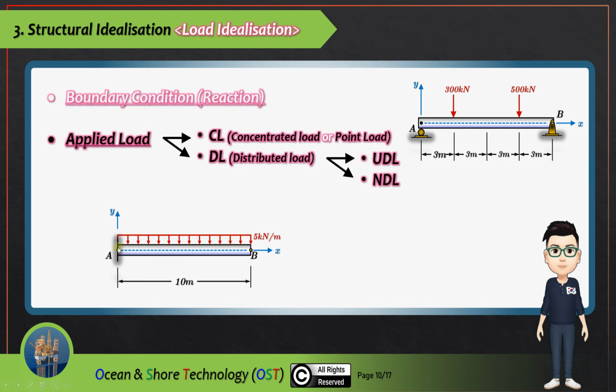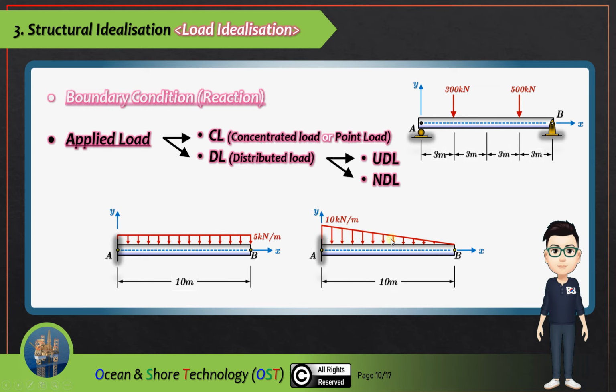So this is the uniformly distributed load, like 5 kilonewton per meter, and this is a triangular shape, the non-uniformly distributed load applied to the beam. And of course, we can change the applied load shape, like second order, third order, up to the conditions.